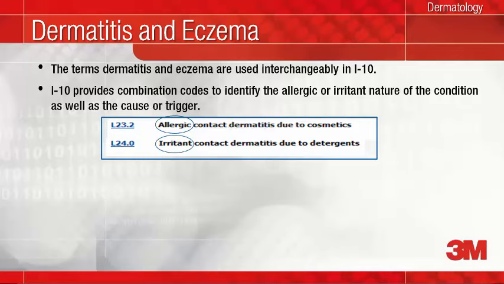ICD-10 provides combination codes to identify the allergic or irritant nature as well as the cause or trigger. An example is allergic contact dermatitis due to cosmetics or irritant contact dermatitis due to detergent. So please make sure to document the nature of the contact dermatitis as well as the cause or etiology, since this will likely impact subsequent treatment.